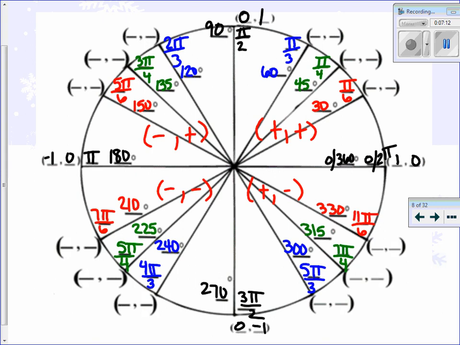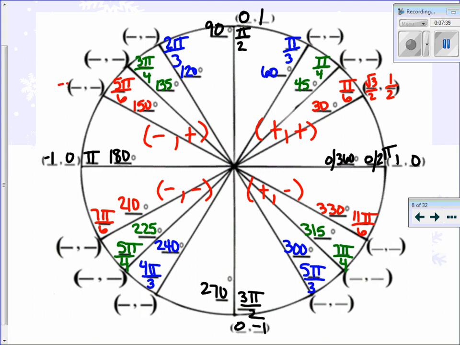So for pi over 6, our terminal point is the square root of 3 over 2, comma 1/2. So everywhere I have my red, or my pi over 6 family, it follows that. In quadrant number 2 here at 5 pi over 6, the first term is just going to be negative.